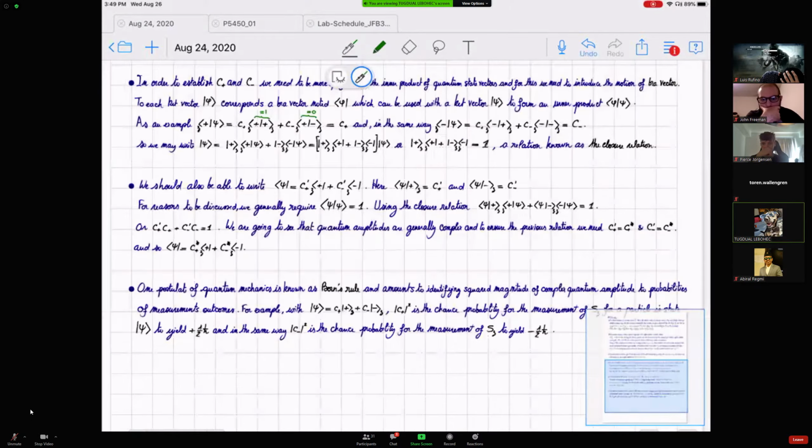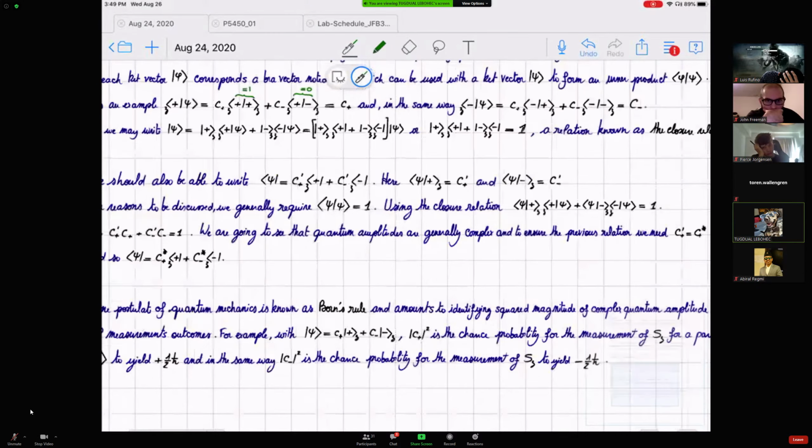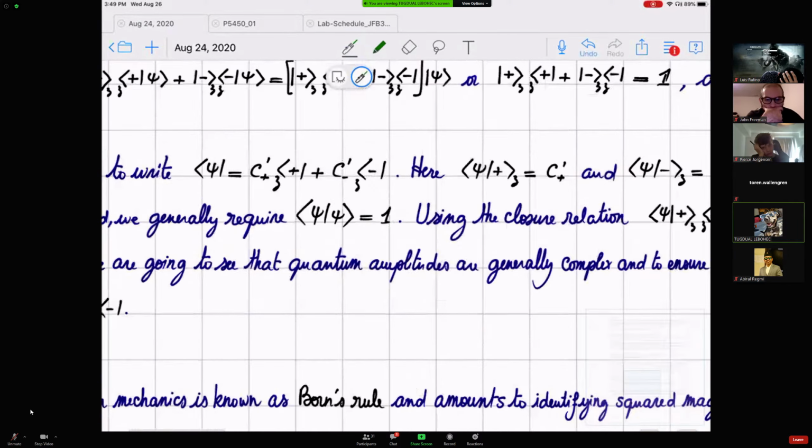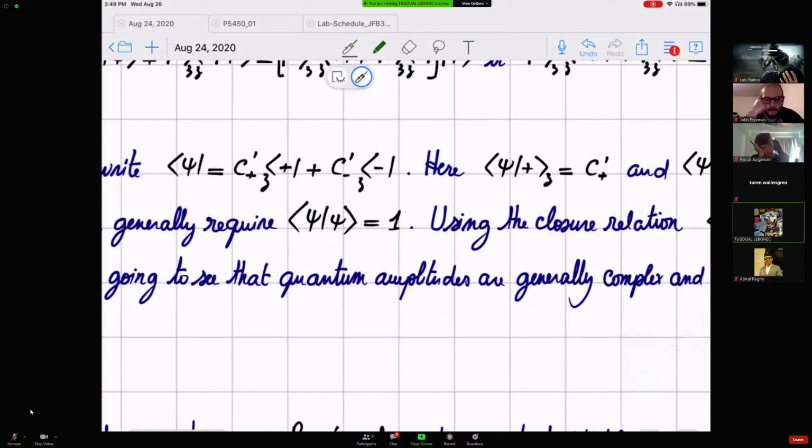And we can use that now by just writing what would be the inner product of the vector with itself. So here I write bra psi ket psi is equal to 1. And each time we have a state vector that has this property, we're going to say that the state vector is normalized.